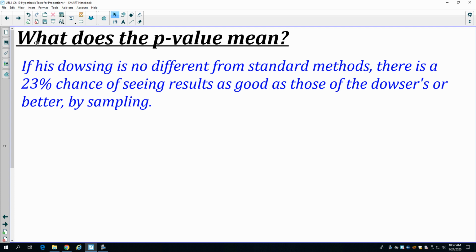Again, the entire time we're doing this hypothesis test, we're presuming that the null hypothesis is reality: 30% of our wells are 100 feet or less. So if that's true, there's a 23% chance we would see the results that we got.